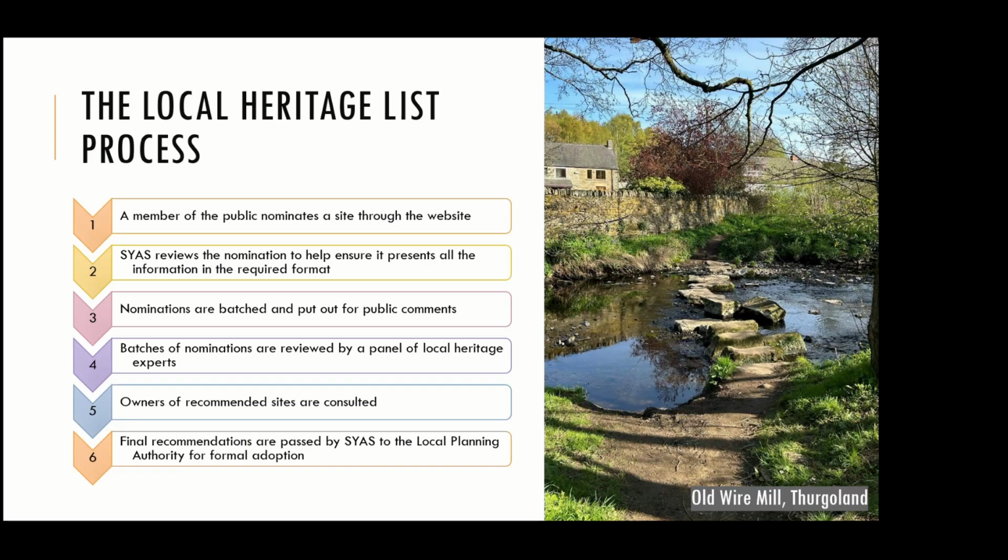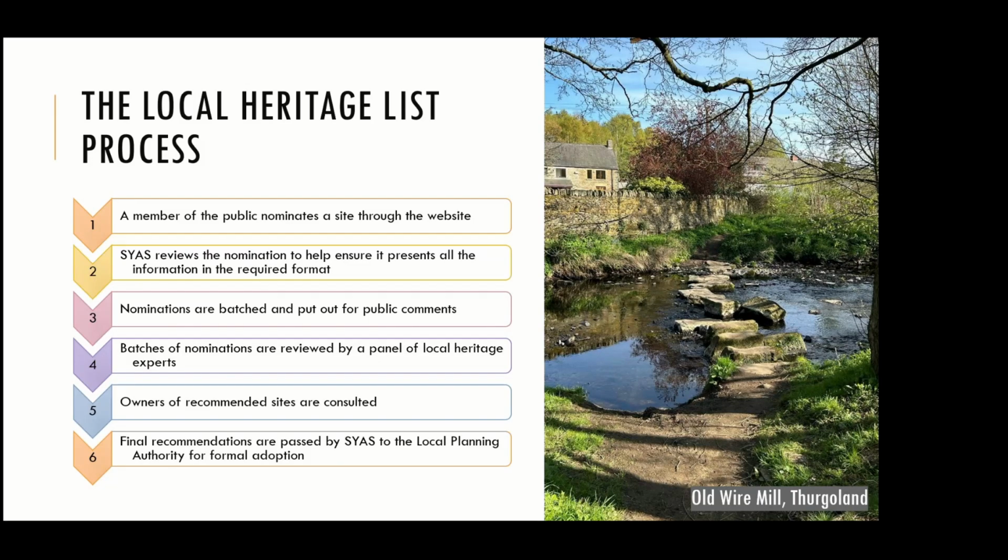Then we have a second phase of consultation where we put it out to owners. And we approach them at this point rather than earlier directly, because we want to approach them when we know that the recommendation is, the building is eligible. That is, it's ticked the boxes, it could be locally listed, rather than approaching some people before we've gone through that process, because obviously people can have concerns about what this means about what I can do with my building or my site or whatever.